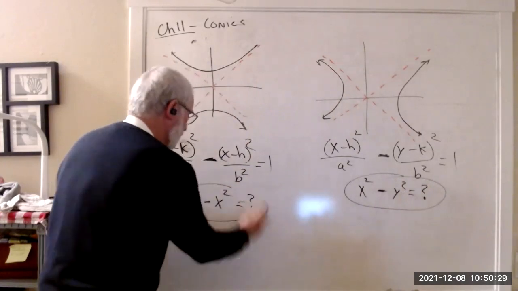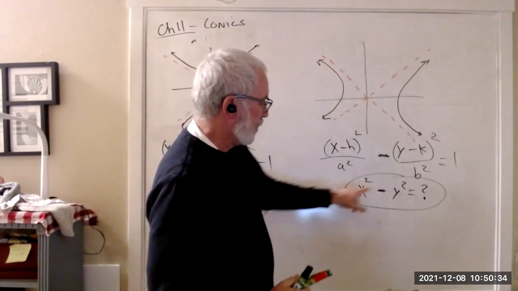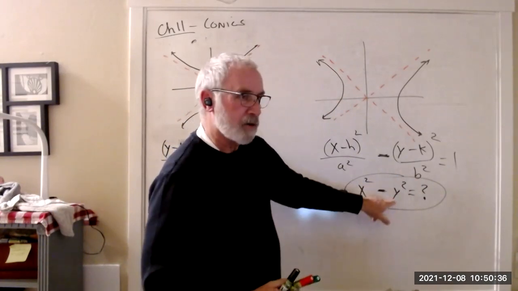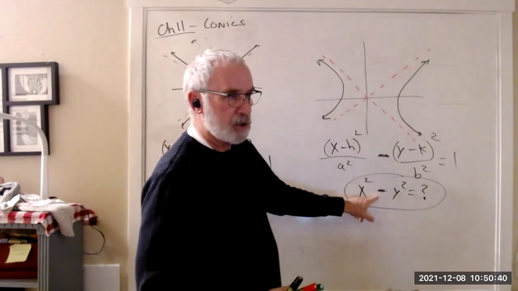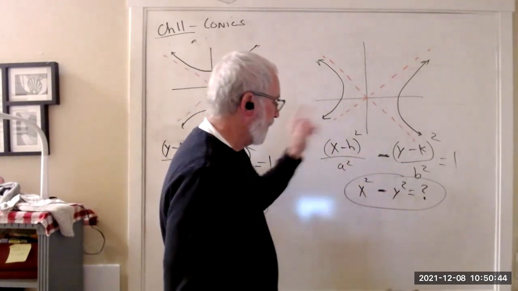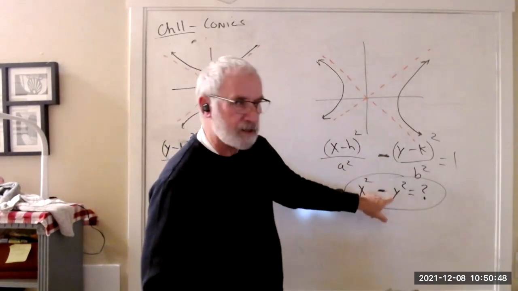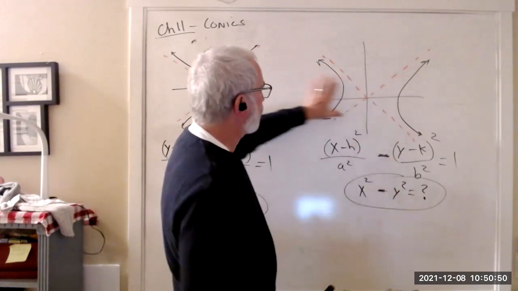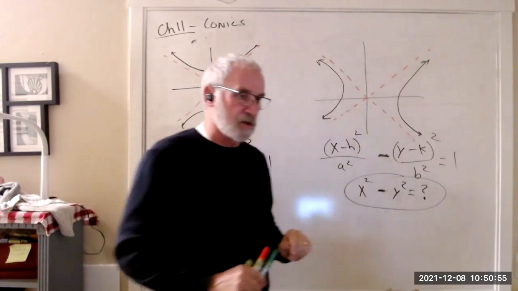The minus tells us it's a hyperbola. And in this case, because x is positive and y is negative, this shape opens in the x direction, sideways.